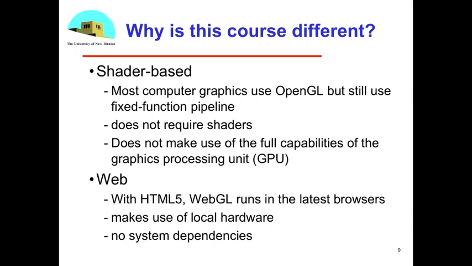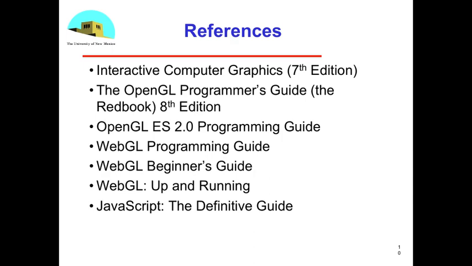Okay, let's talk about a couple of references now for the class. These are a set of books. Obviously, my book with Dave Schreiner, Interactive Computer Graphics. It's the 7th edition that you want, which will be coming out, as I said, in February. If you want information about OpenGL in general, the OpenGL Red Book, the OpenGL Programmer's Guide, Dave Schreiner is now the author of that.